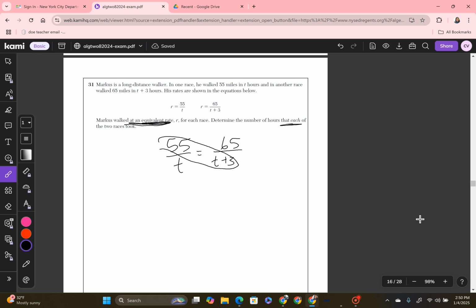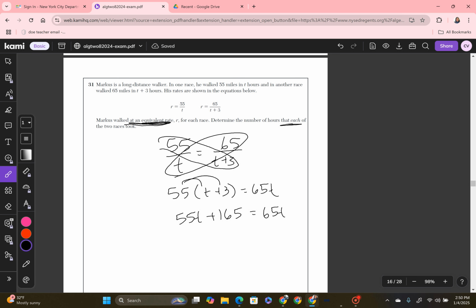So how do I solve this? I cross multiply here. 55 times t plus 3 is equal to 65t. Okay. So I'm going to go ahead and solve this, right? This distributes, so I get 55t plus 55 times 3, which is 165, is equal to 65t.